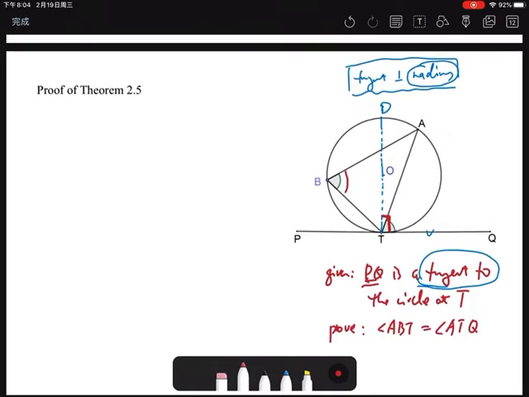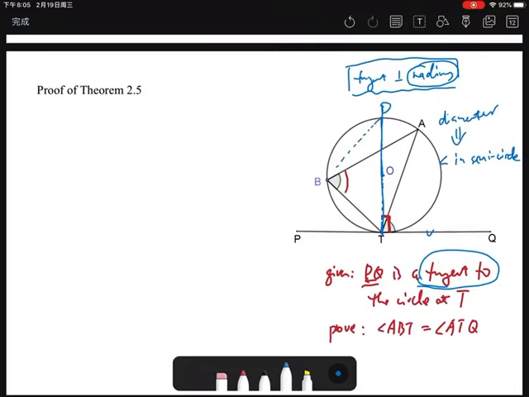90 degrees. So here we have 90 degrees. Here you see that I extend TO and meet the circle at point D, and TOD is the diameter of the circle. So when you see a diameter, one of the theorems you can recall is angle in semicircle.